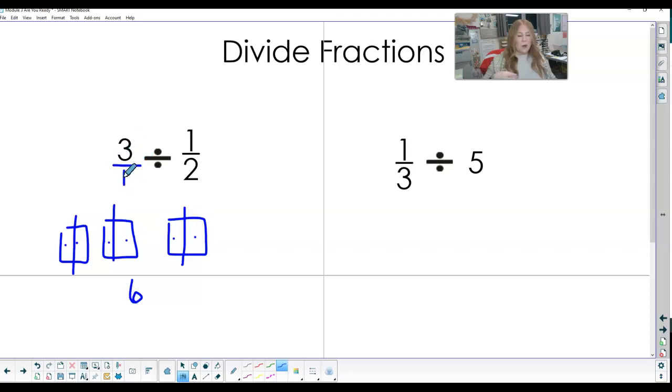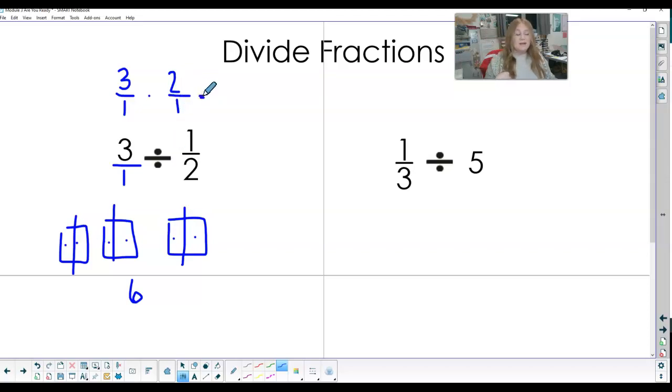This is 3 over 1. 3 divided by 1 is 3 still. I can't do 1 divided by 2 very nicely. So instead, I'm going to use its twin here, and I keep the first fraction the same. The opposite of divide is to multiply. The opposite of 1/2, if I flip it upside down, is 2 over 1.